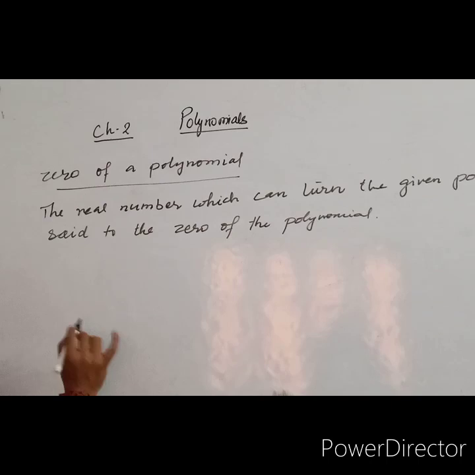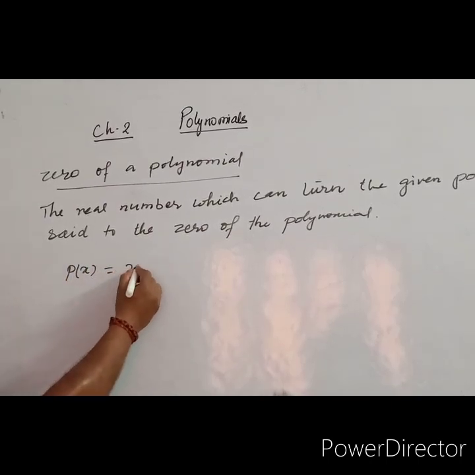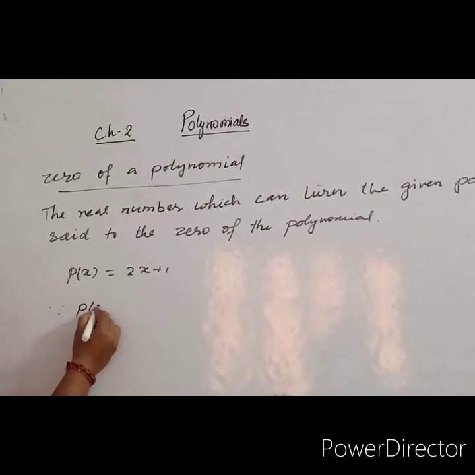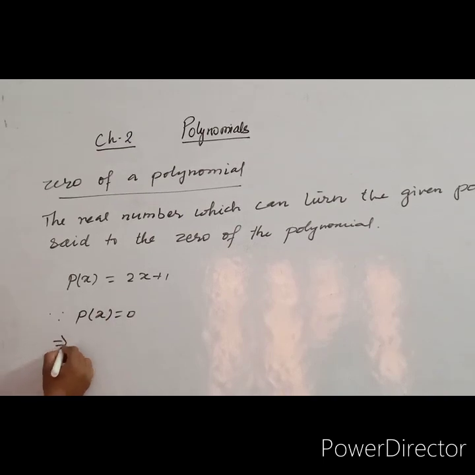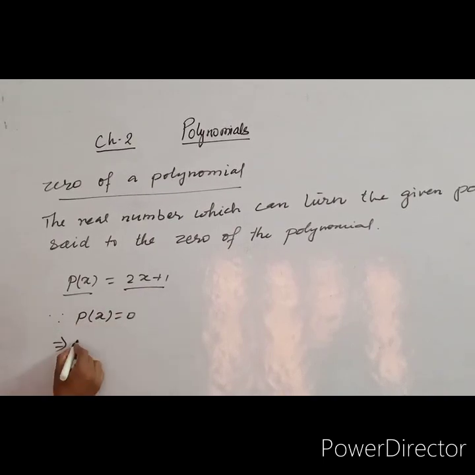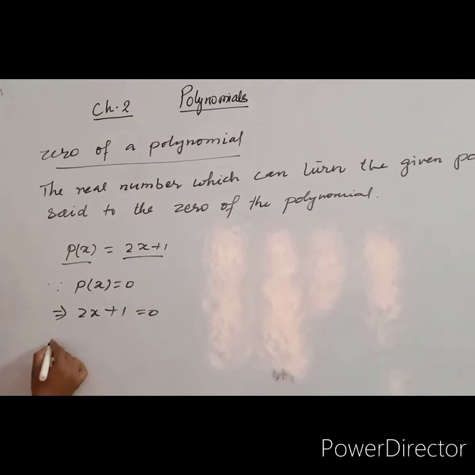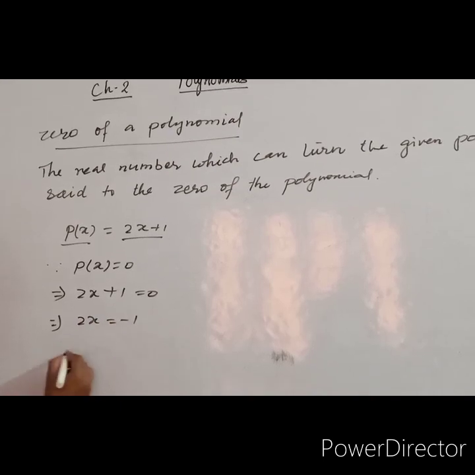In class 9 you have studied this also. For example, p(x) is a polynomial whose value is 2x plus 1. This is a linear polynomial. So what will be the zero of this polynomial? It means p(x) must be 0, so 2x plus 1 must be 0. If you transpose 1 to that side, 2x is equal to -1.